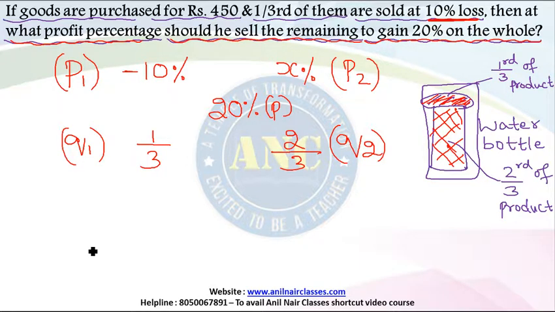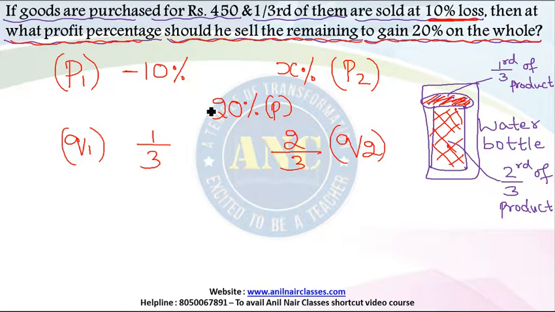Even though I had a 10 percent loss at the beginning, I want to make 20 percent profit at the end of the day. At what profit percentage should I sell the remaining two thirds? I hope the question is very clear for you, sir.